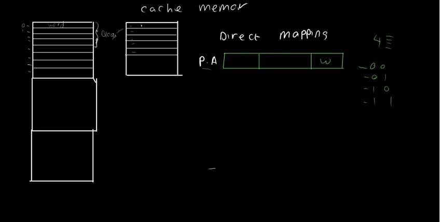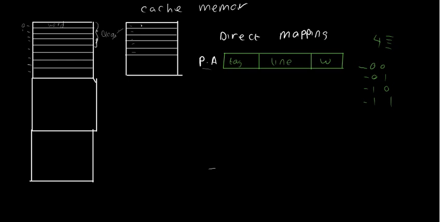Then these ones are called the line bits, right? What they're used to show is what line we are currently focusing on. So the line here basically says which line we will put this block in, right? And then this determines the tag.